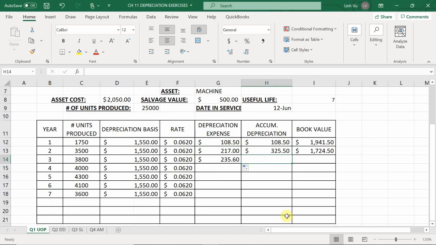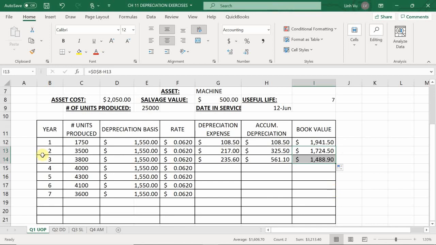Accumulated depreciation is going to be your previous $325.50 plus your current $235.60, to give you a total of $561.10. Subtract that from your $2,050, and you should get a grand total of $1,488.90 as your book value.